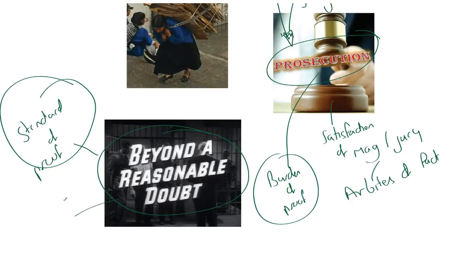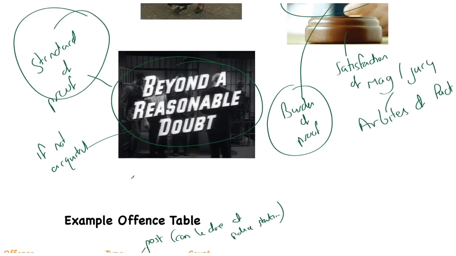If they cannot do that, then there's an acquittal. And I generally tell my students beyond a reasonable doubt is about 99%. It's got to be almost absolutely certain.